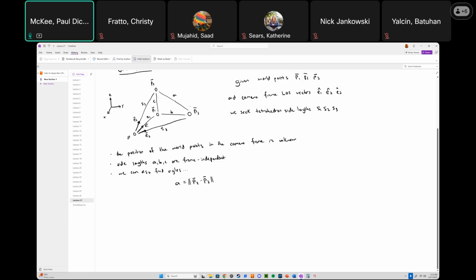It's the 3 to 2 distance, or the 2 to 3 distance, doesn't really matter. Similarly, B is going to be the norm of P3 minus P1. And C is going to be the norm of P1 minus P2.